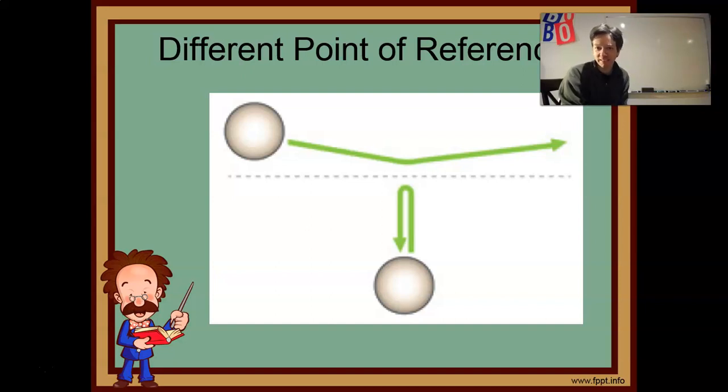Now, because of time dilation, it'll take more time, maybe, I don't know, 5 seconds. So from Bob's point of view, it's taking Alice 5 seconds to reach that center line because she's moving so fast horizontally.